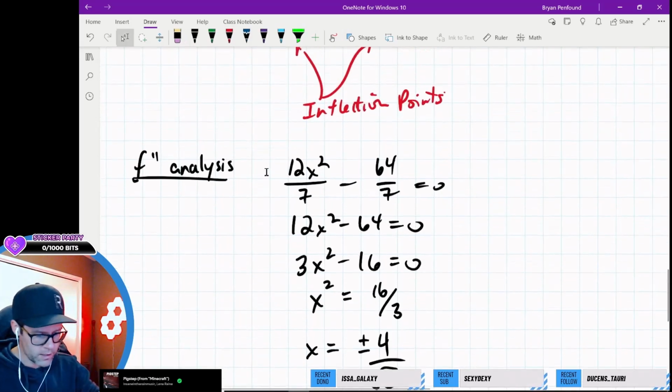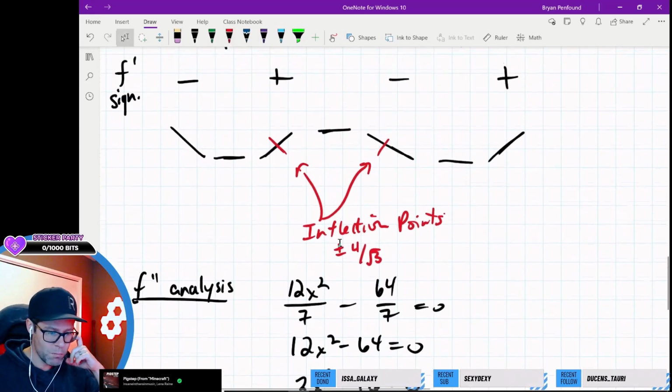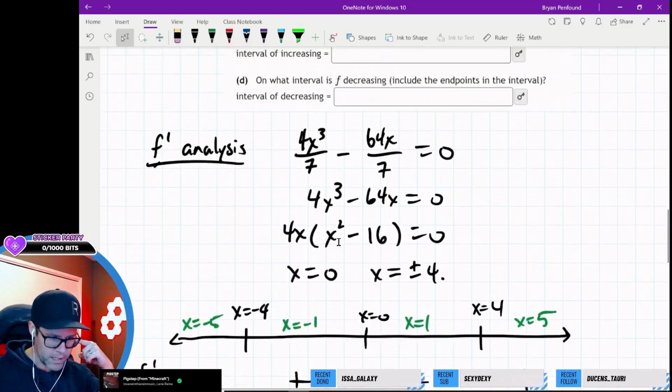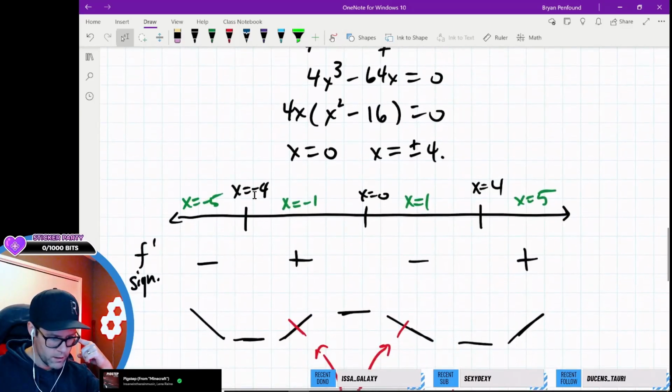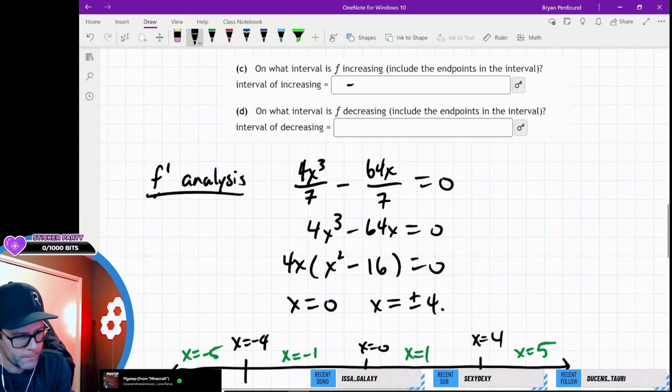So those are the exact values that we need to finish off our complete analysis. We should now be able to answer most of these questions that are posed to us just with this basic analysis. So let's see, increasing. We are increasing from -4 to 0, and then from 4 onwards.